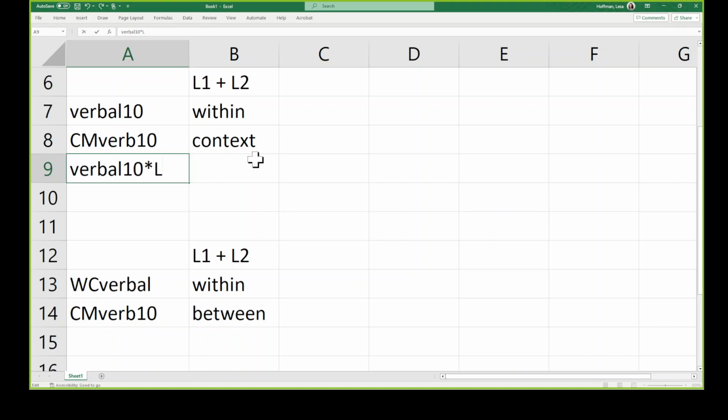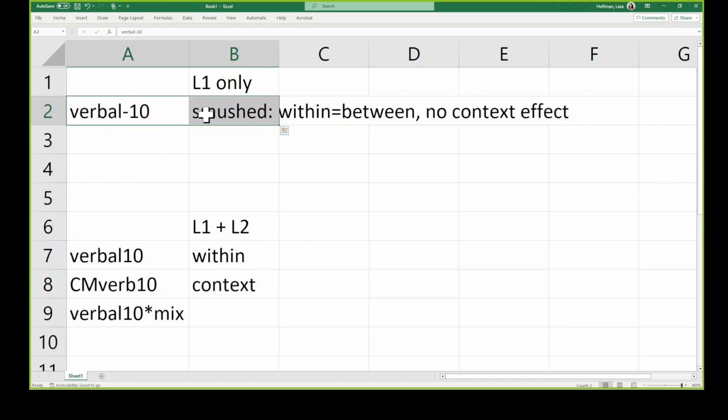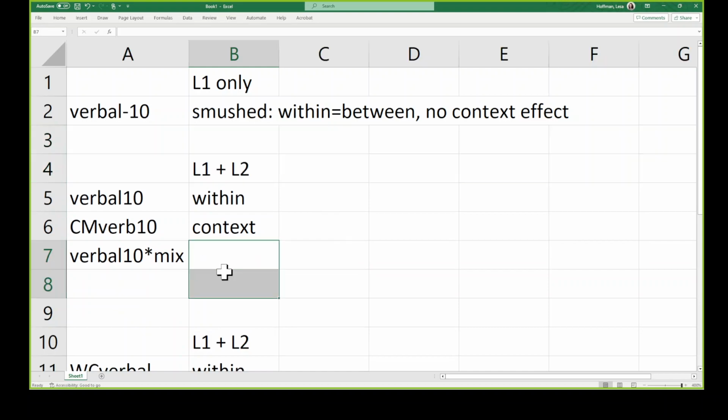I'll just put that in here, mixed grade. Okay, so this interaction does not have a corresponding level 2 part. So just as we had up here, it's a smushed interaction as well. It's the same.